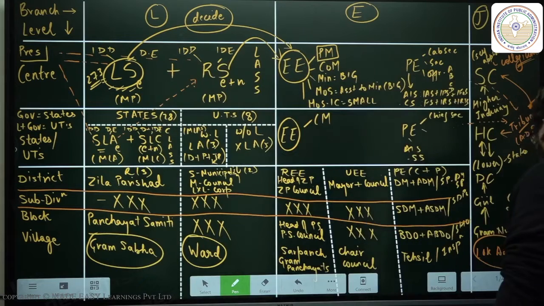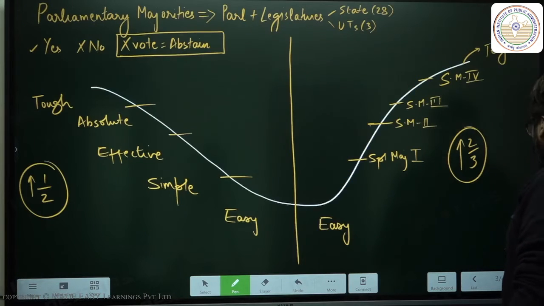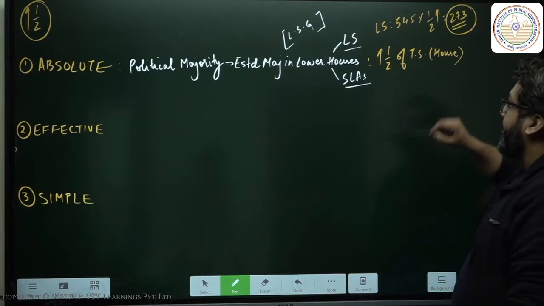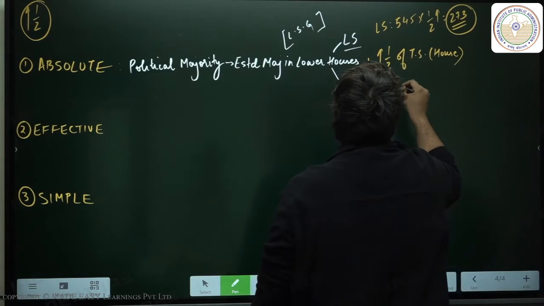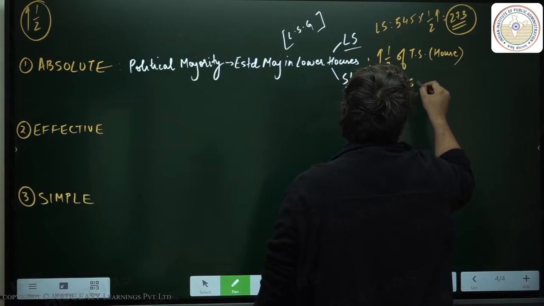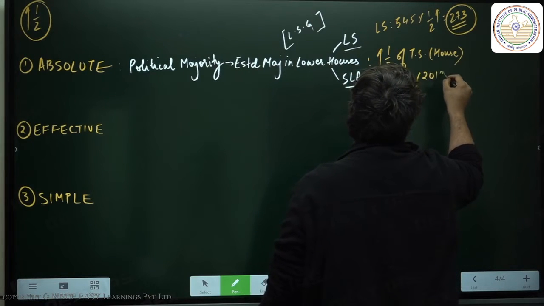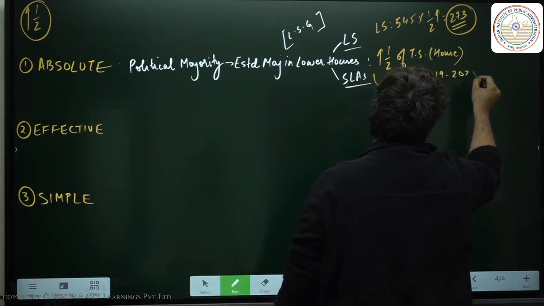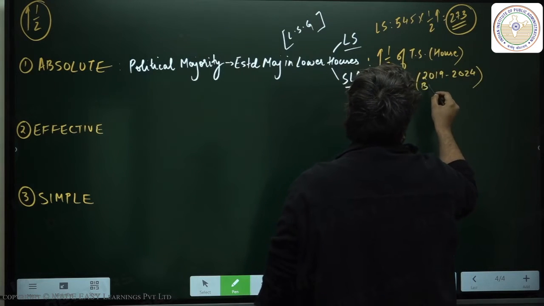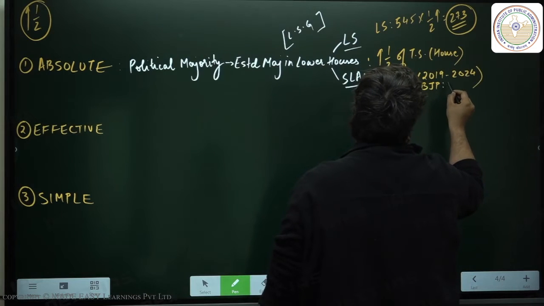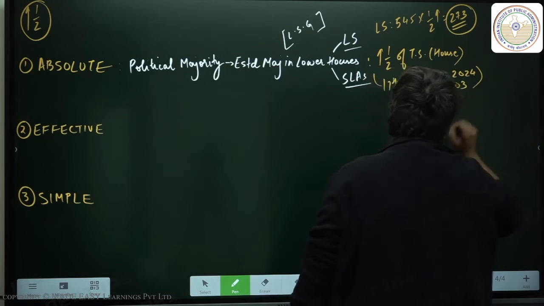Okay, this is extremely important, right? So this is what is called absolute majority. For example, we are currently in the 17th Lok Sabha, which started from 2019 and is going to go on till 2024. And in the 17th Lok Sabha, the BJP alone has won 303 seats.